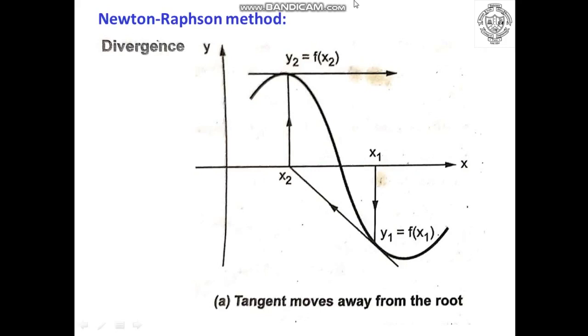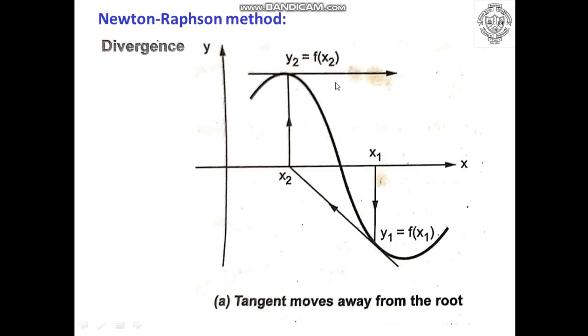Are you getting what I am saying? Here you are witnessing a situation where you get a value of the function where, if you draw a tangent, it becomes parallel to the x-axis. So it will go to infinity, since it is parallel to the x-axis, and you will never approach the exact root, because it will never intersect the x-axis. That is why selecting the initial guess and cross checking it with that particular condition is very necessary.